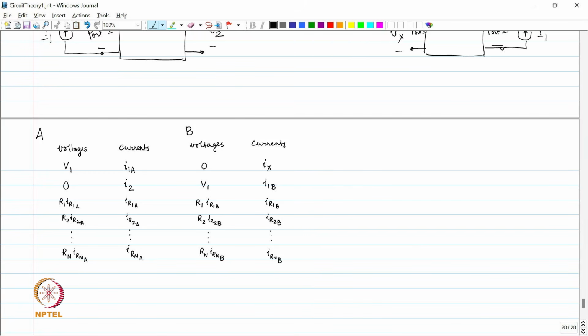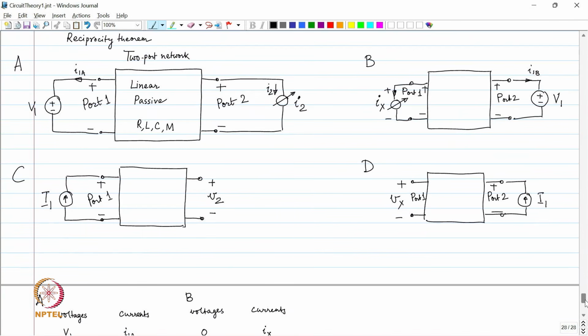This is our list. Now, what we are going to do is apply Tellegen's theorem. What does Tellegen's theorem say? That as long as the graph of the circuit is the same. Is the graph any different between experiment A and B? The circuit has the same graph.